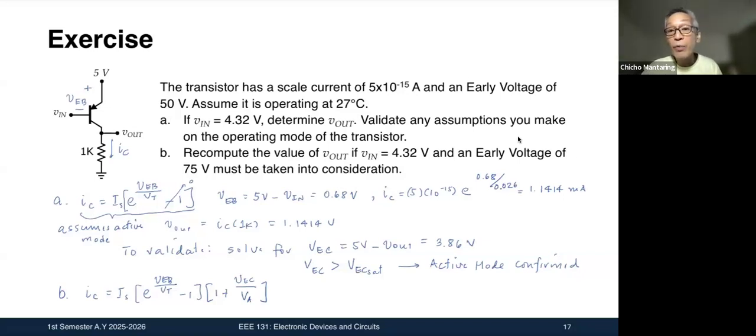The correct answer is 1.199 volts, or essentially 2 volts. Almost all of you got it.